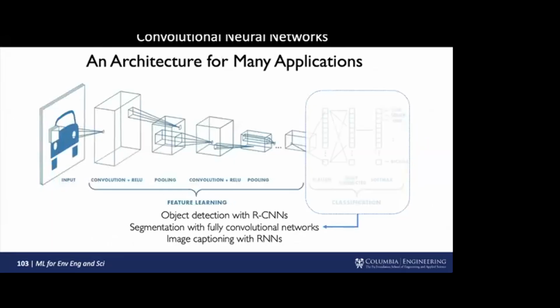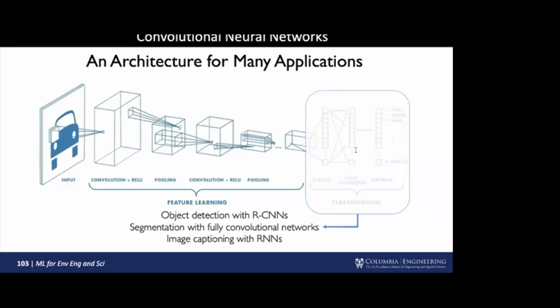And now this diagram shows that CNNs are not just for image classification. The left part of the network acts like a general feature extractor. It learns rich spatial features of the image. What changes is the right part of the architecture. For image classification, we add fully connected layers and softmax.